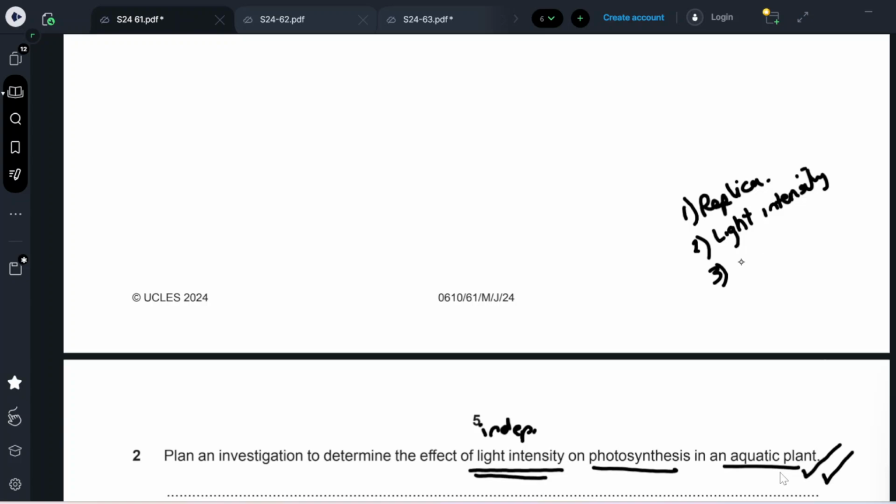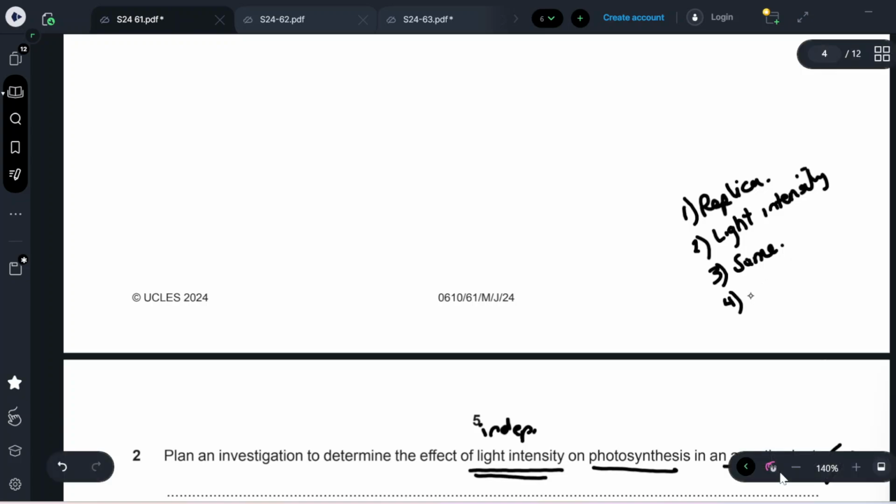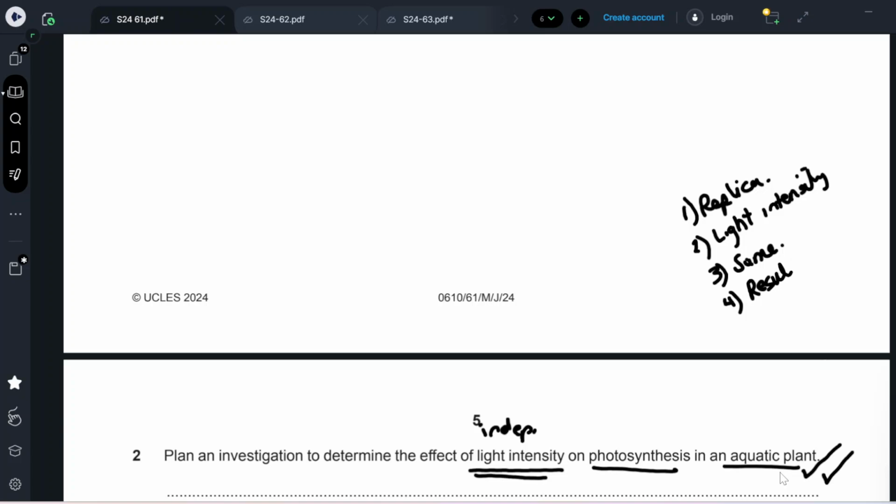Number 3, what are you going to put the same? Anything else that affects photosynthesis. Temperature, the type of the water, the volume of water, the concentration of carbon dioxide, whatever. Number 4, how are you going to measure your results?